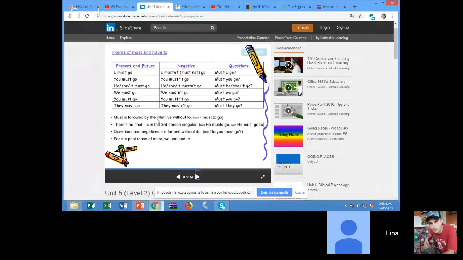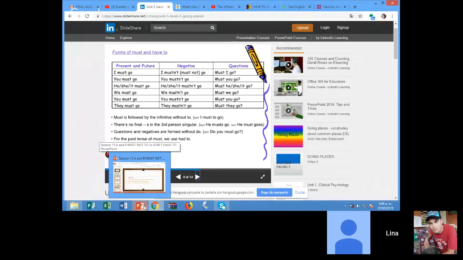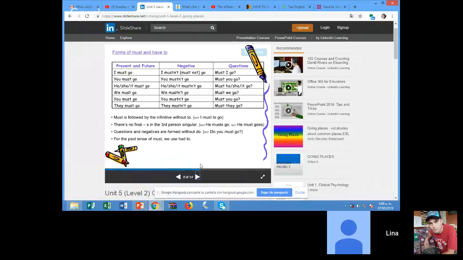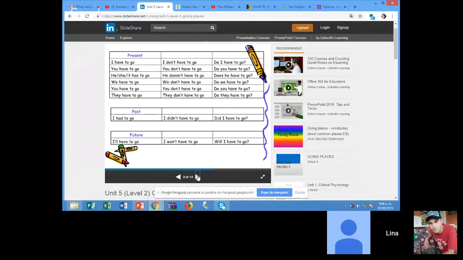Must is followed by the infinitive without to. I mustn't go or I must go. Let me check here. You have to. You don't have to go.